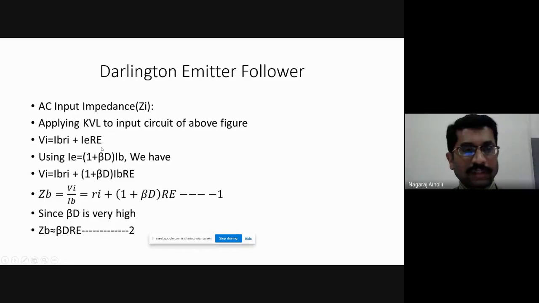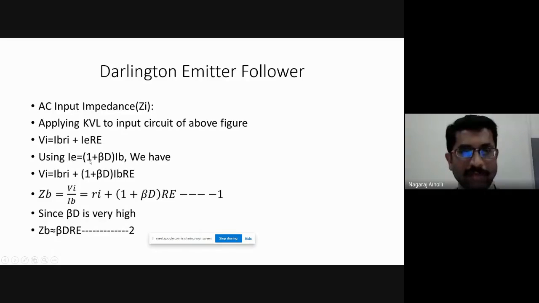Now, how do we get the equation for the input impedance? After writing the KVL equation, we have to express the emitter current in terms of the base current. The equation is I equal to 1 plus beta into Ib. Here beta is beta d because it's a Darlington pair.